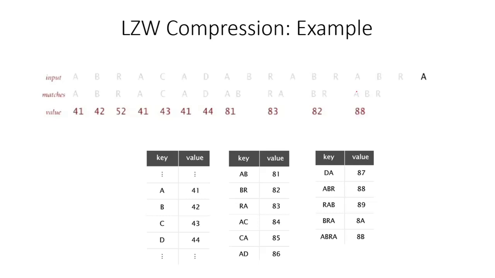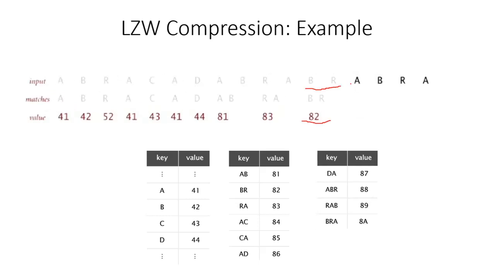Then the next moment is, as you can see, we first check the next letter, and we see that we have A, then we have AB. AB is actually in our table. Then we check one more letter, and we see that ABR is also in our table. Then we check A, but ABRA is not in our table.